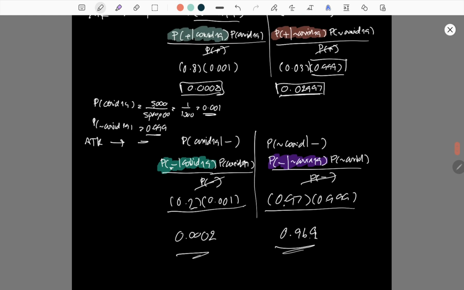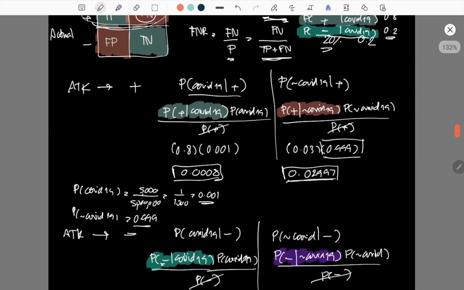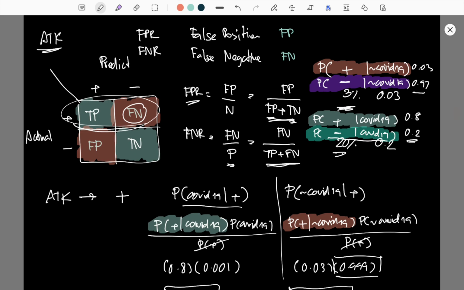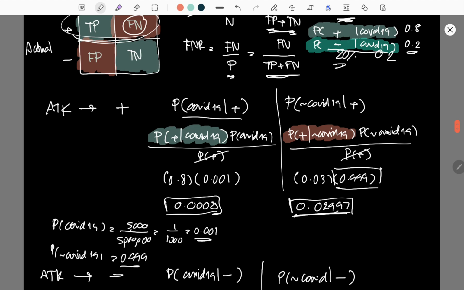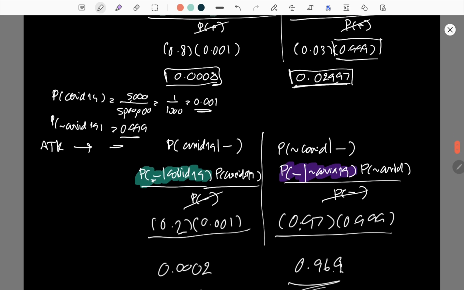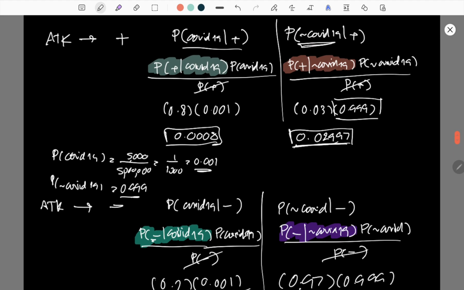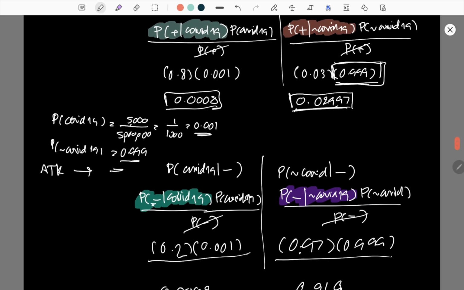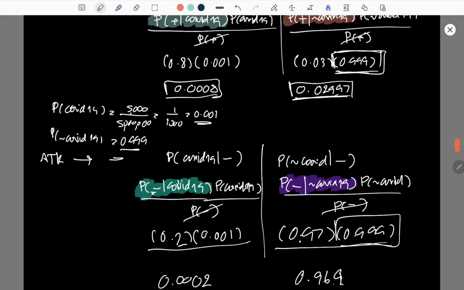So if you apply the COVID-19 ATK in the current situation in Bangkok, for example, if the antigen test kit returns positive, you can still think that the probability of not actual COVID-19 is much higher. And if the result returns negative, you can be sure that this one is negative. Okay, so it depends on these values. This is very high, right? This one is very high.